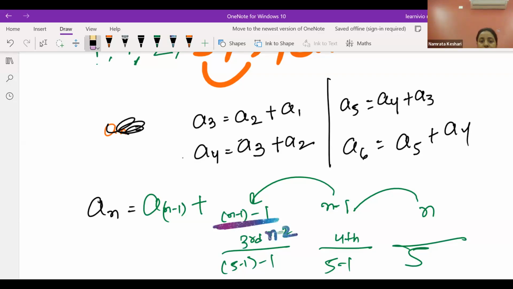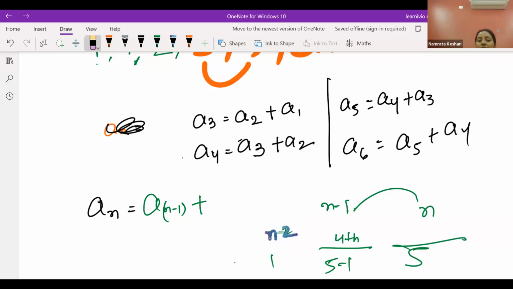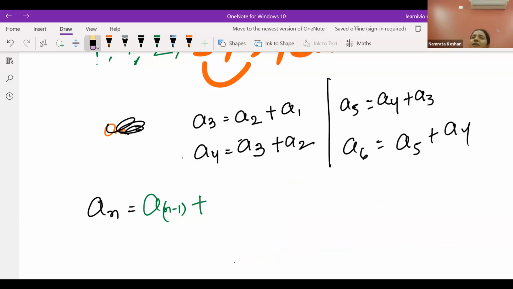From here only we are creating the formula: the nth term is the sum of the previous two terms. The previous to n was clear to us, that is n minus 1. But before that, we were getting confused. So we tried recalling that we just have to go previous to n minus 1, that means n minus 1 minus 1, that means n minus 2.